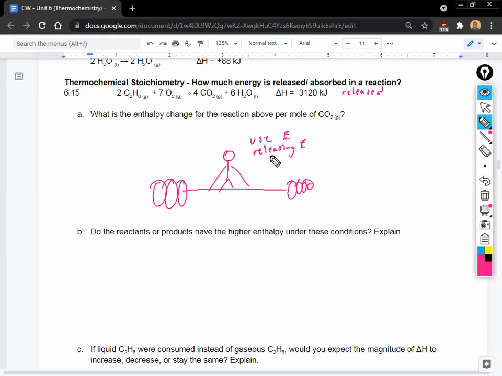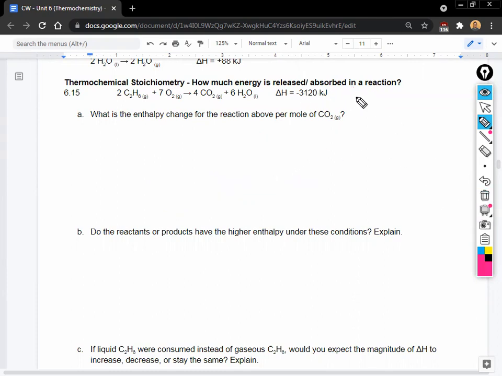Yeah, negative, right? When you guys play sports or run or climb up the stairs here, you lose energy in your body. That's why you get tired. And so same thing here. If the value of H is negative, that means the energy is going to be released. This is exothermic.